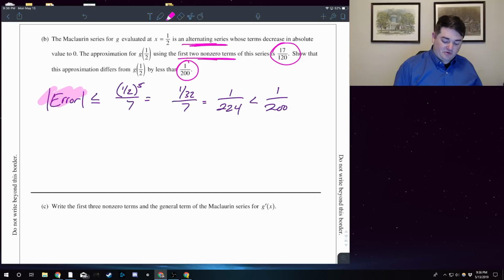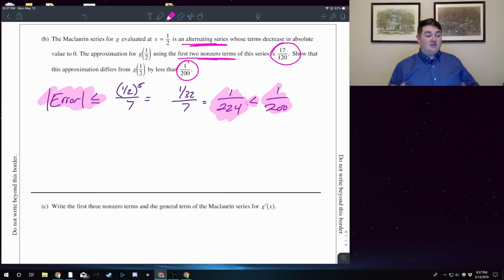So the error is less than 1 over 224, which is less than 1 over 200. That's alternating series error bound. Romello, you asked about Lagrange. This is alternating, but hey, it's good to know both.